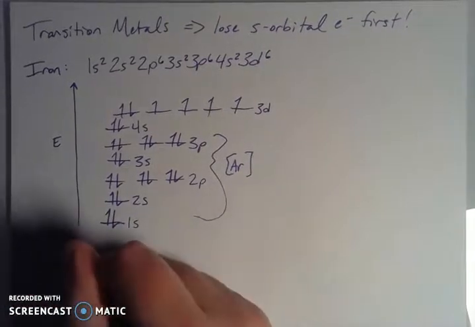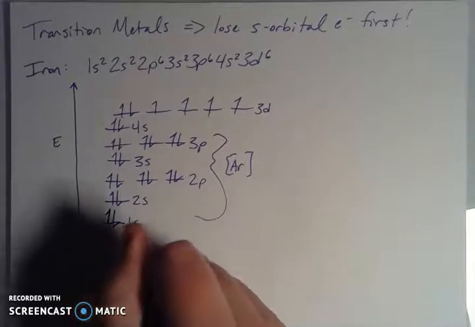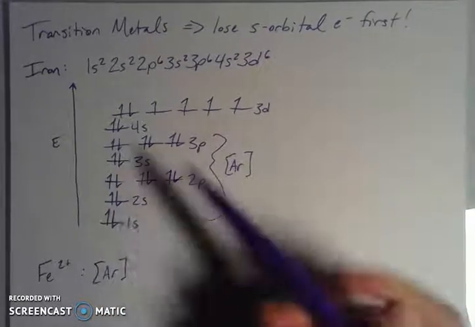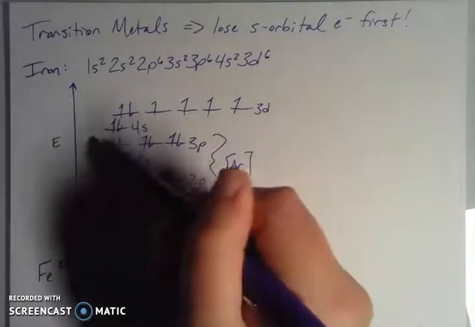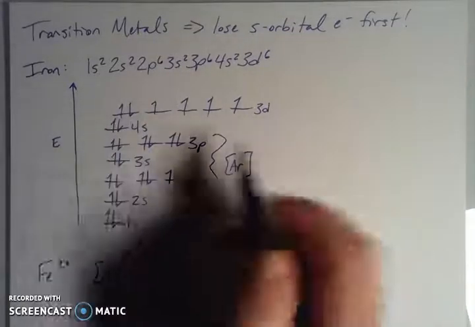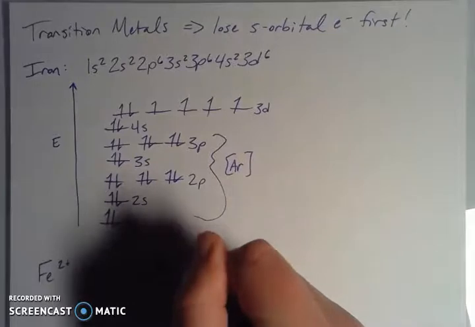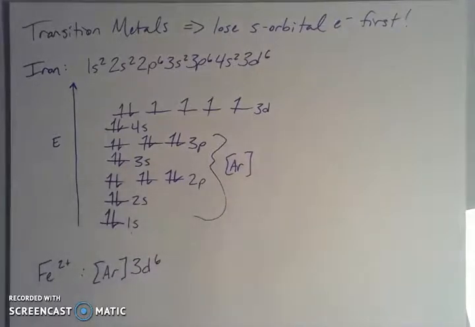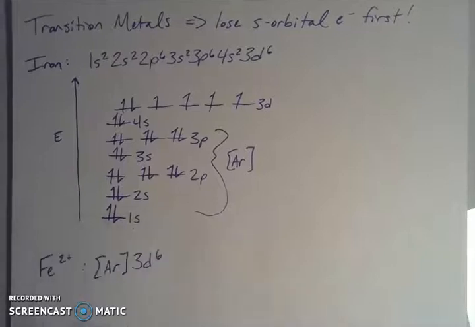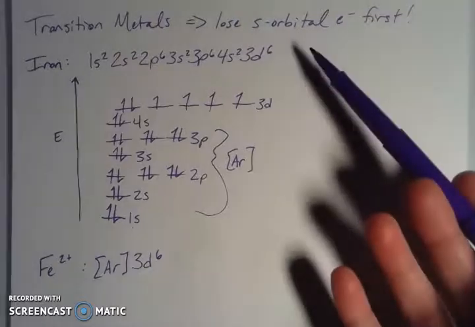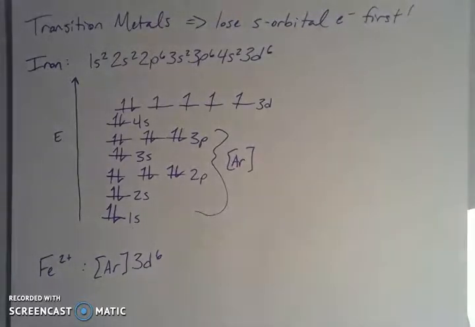So iron 2+ is going to be argon, which again gets me through all of this. And then when I get rid of these 2 electrons here, all I have left over is 3d6. Now that looks kind of funny because it looks like I left some out, but I'm actually creating an ion, and with the transition metals, they lose those s orbital electrons first.